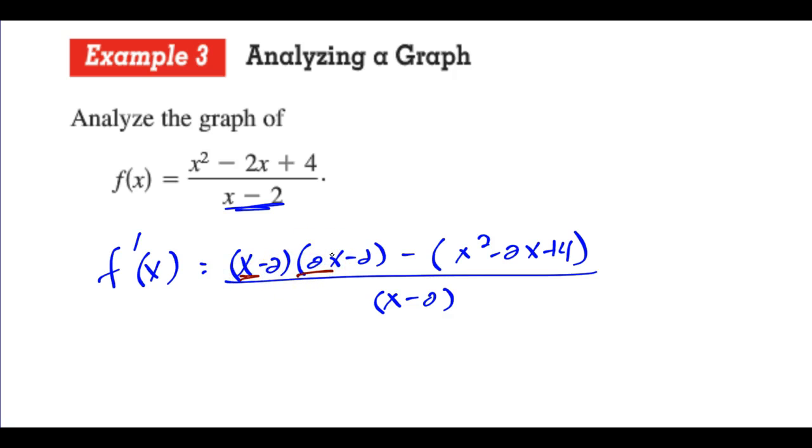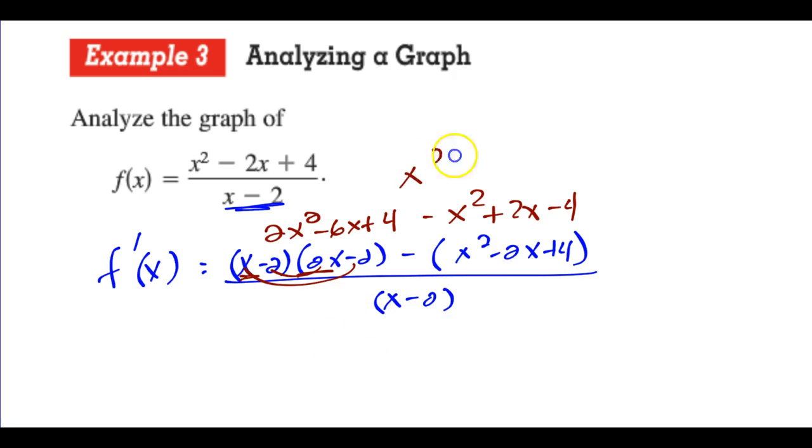I would go ahead and probably just multiply out. So FOIL this over here. So 2x squared minus 2x minus 4x is minus 6x plus 4, minus x squared plus 2x minus 4. So I'm going to get an x squared term here and here, minus 4x. That worked out pretty good, and I can factor out an x from that.